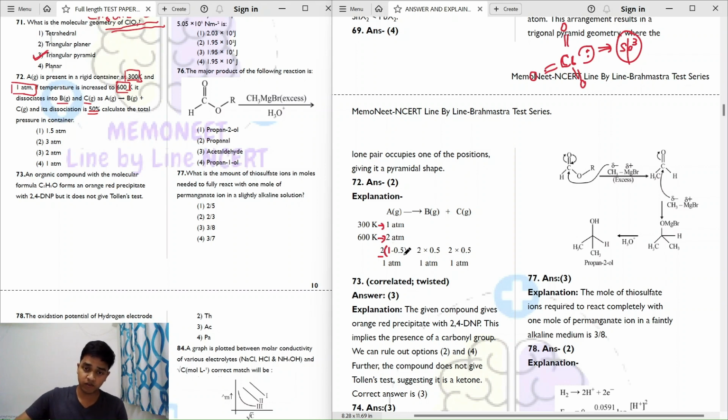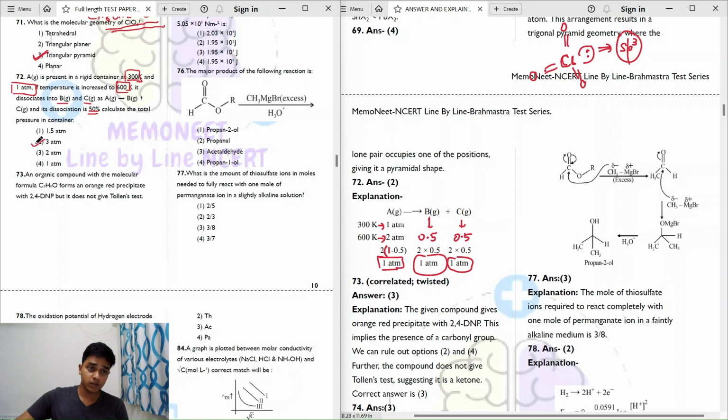So we get the pressure due to A as 1 atm. Since 0.5 moles of A has been consumed, B will be produced as 0.5 moles, giving the pressure due to B as 1 atm, and similarly C will also be produced as 0.5, so pressure from C will be 1 atm as well. So the final answer is a total pressure of 3 atm, which is option 2.